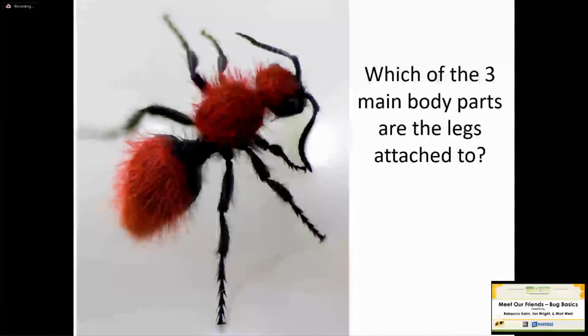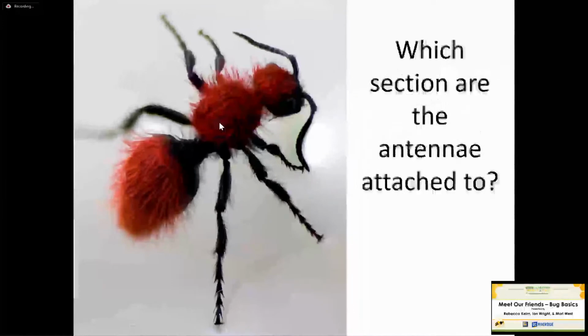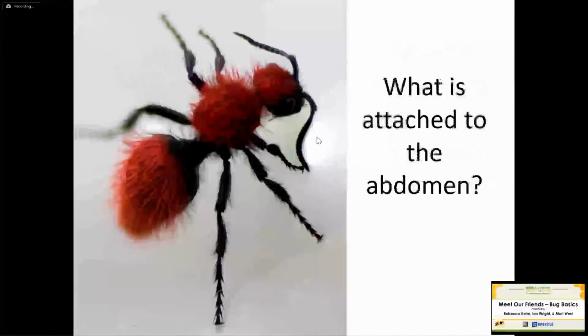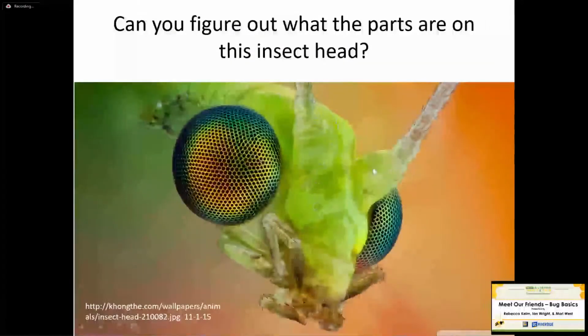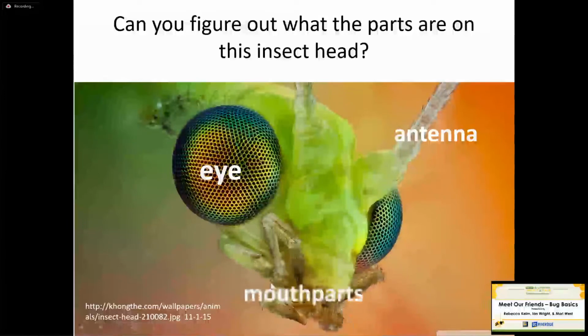And so the legs will always be attached to our thorax, while the antennae are attached to the head. And then our abdomen will always be attached to our thorax here. And another unique thing about insects is that they always have these 2 antennae with usually eyes and really interesting mouth parts.